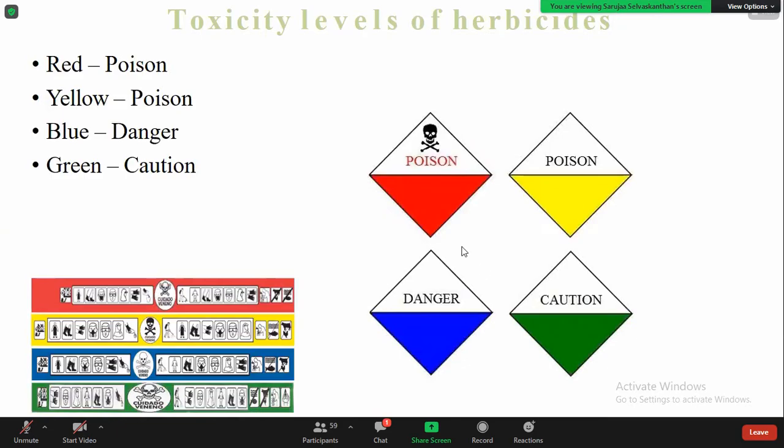You want to know what the colors mean. In your exam also, we will put red color, and ask what it means. Red, poison; yellow, poison; blue, danger; green, like that we will put some examples for your exam, spot exam also. So these are very important things.